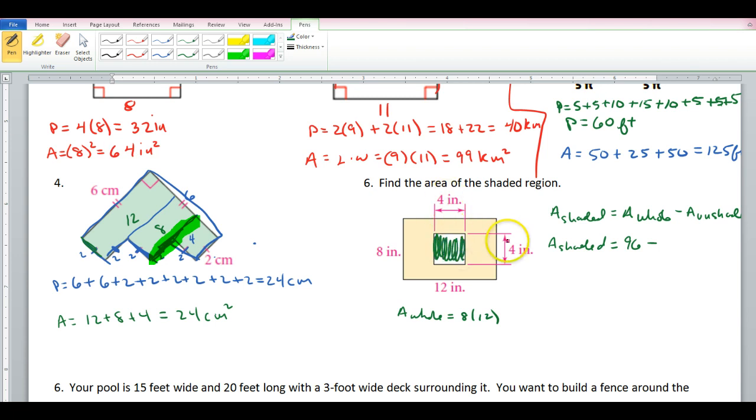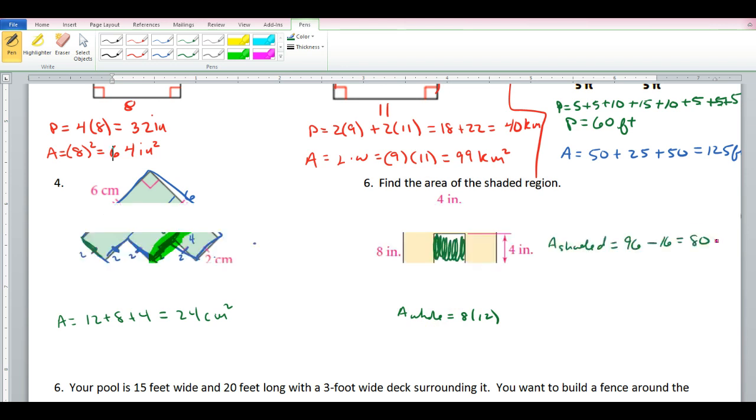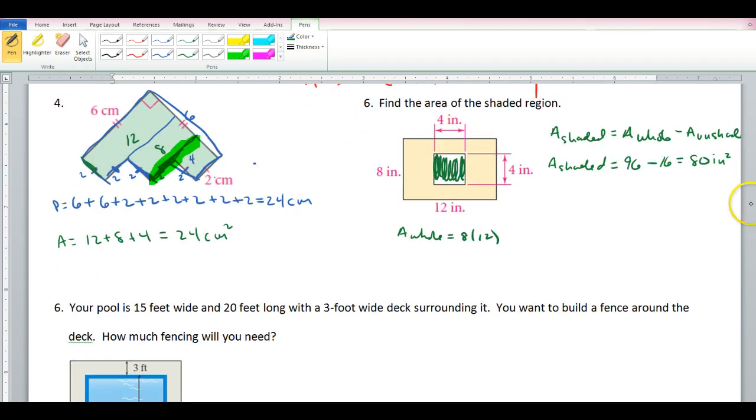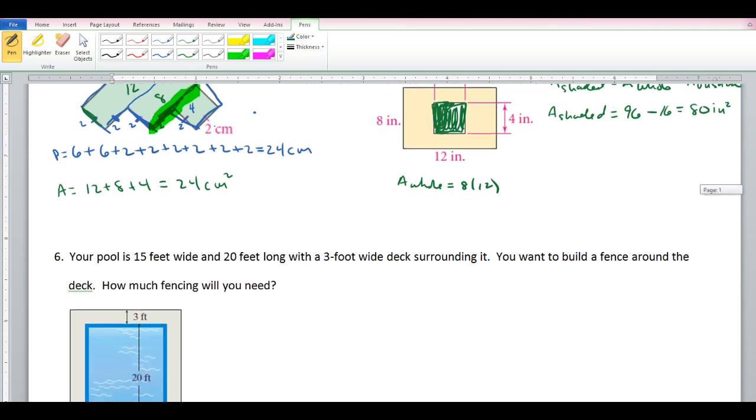The area of this would be 4 times 4. So we would subtract this 16. And that would give us 80 inches squared. So anytime you're looking for an area of a shaded region and you have this hole cut out, you would find the area of everything and then subtract all the holes that are in there.